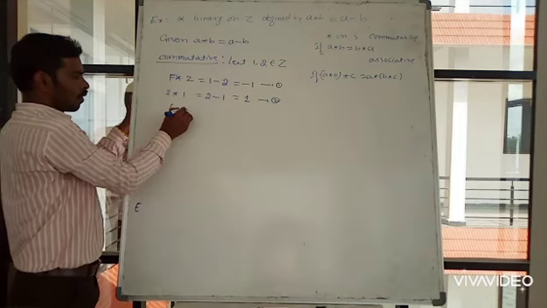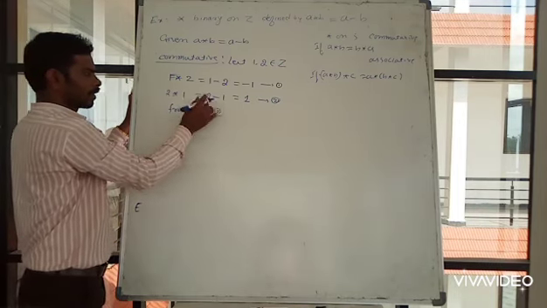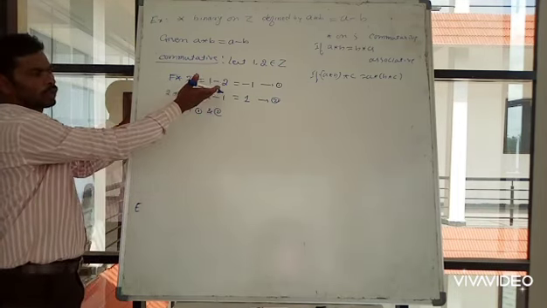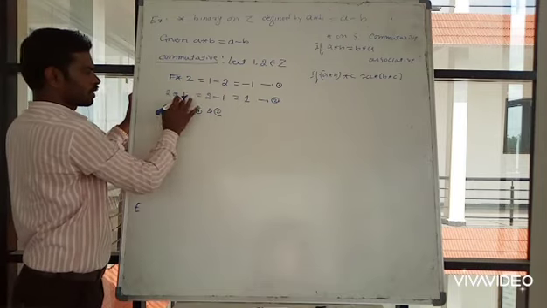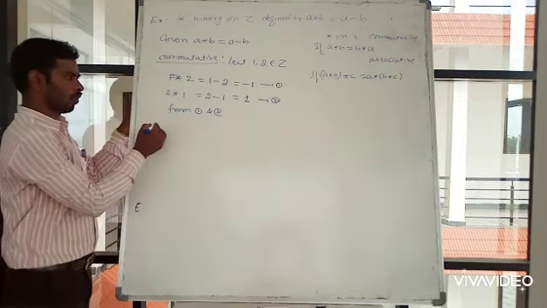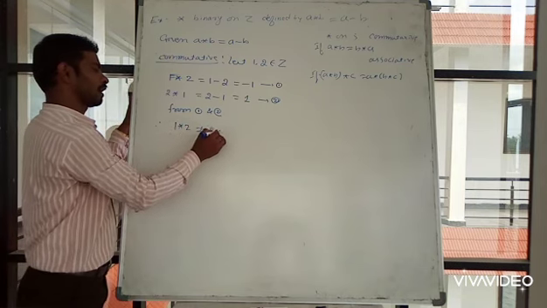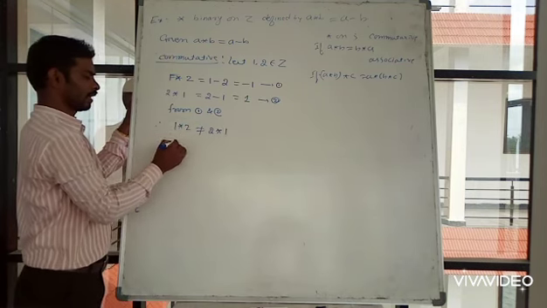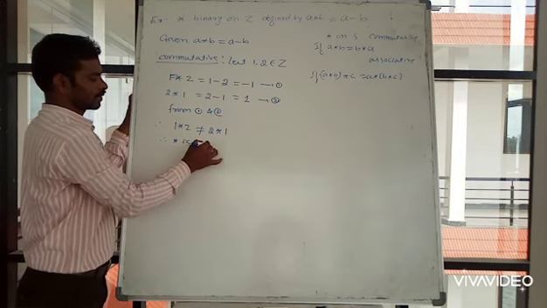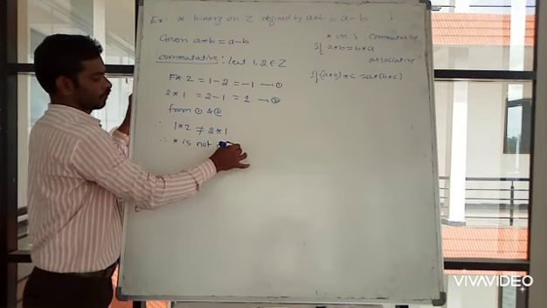From 1 and 2, you can say that 1 star 2 is not equal to 2 star 1. 1 star 2 is minus 1, 2 star 1 is plus 1. They are not the same. Therefore, star is not commutative.